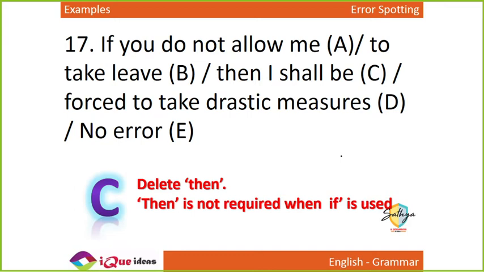Oh, good. Good if you remember it. I was not much aware of this rule. I also found it a bit difficult to come across this rule. That's the classic mistake which we have been making. If along with if we have been using then, grammatically we have been making a mistake. If you do not allow me to take leave, I shall be forced to take drastic measures. In written or spoken English, if and then, nope.